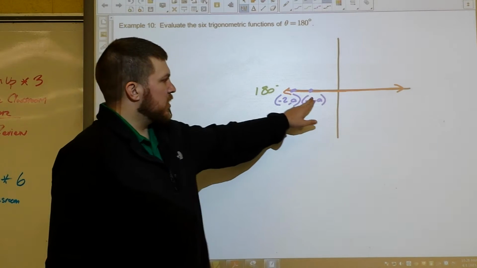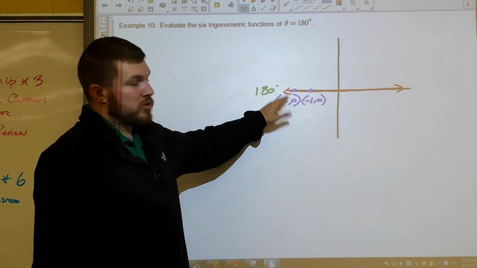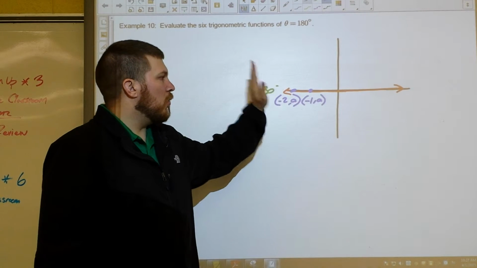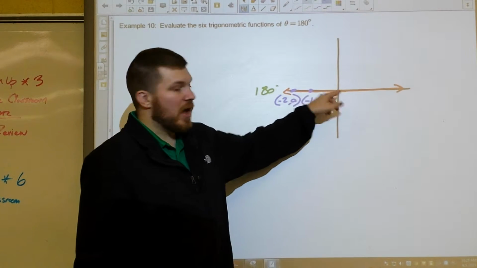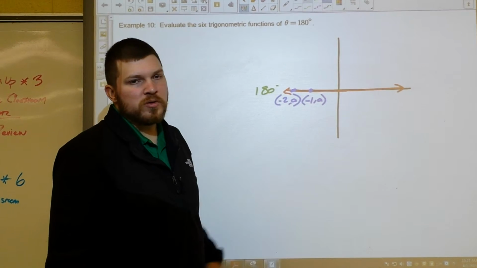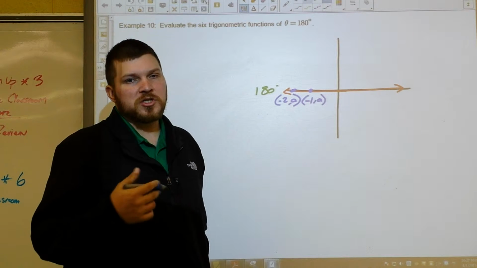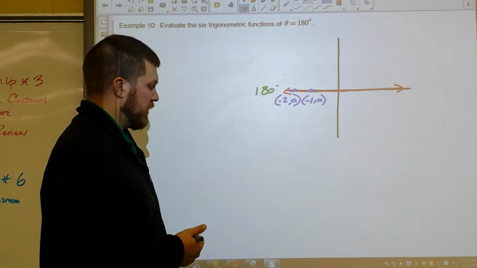So let's do it. I'm just going to use (-1, 0). You can pick whatever point you want: (-2, 0), (-3, 0), (-1/2, 0). As long as it lives on the terminal side of the angle and it's not at the origin, that's fine. I'm going to do (-1, 0). Yours might be slightly off based on the multiples of the radius that you find.